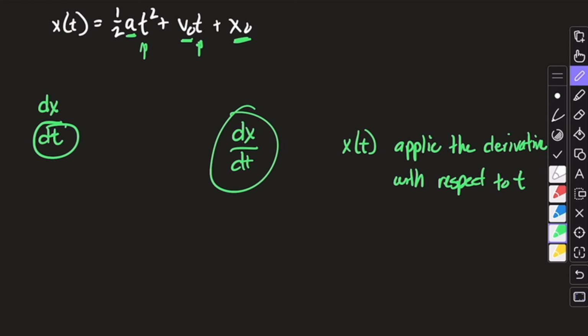And we're applying the derivative with respect to t. That's what this symbology means. The result will be an equation for velocity as a function of t. That's what the result will be. When we do this, we get a new equation that's going to be a function with respect to t.